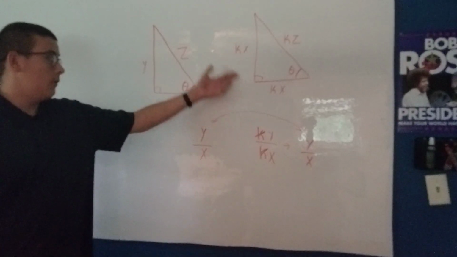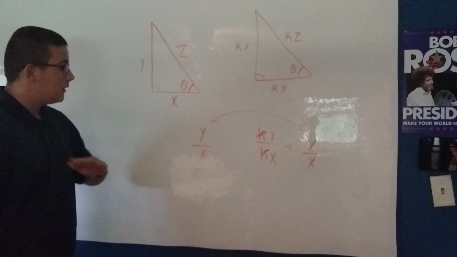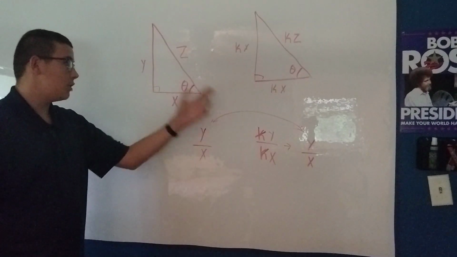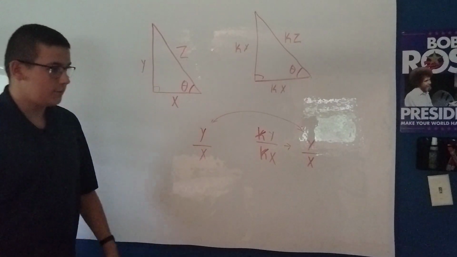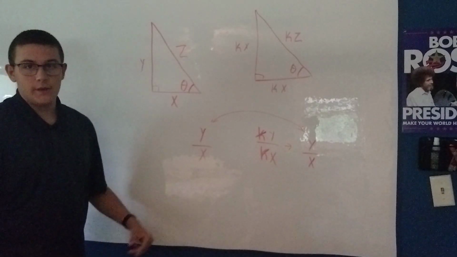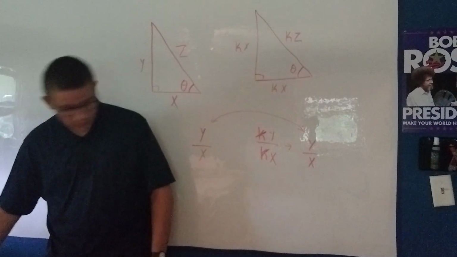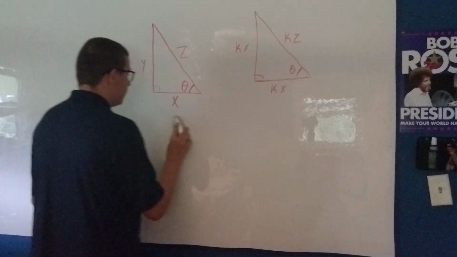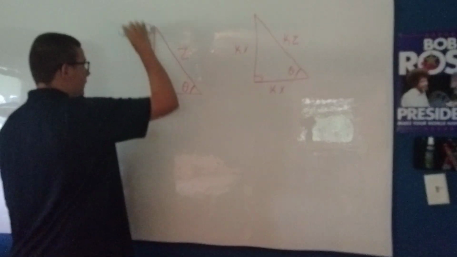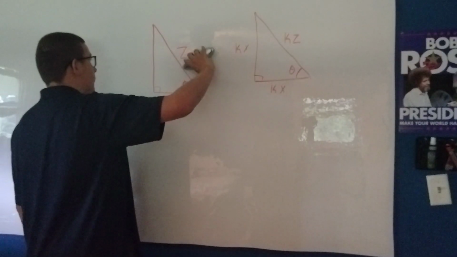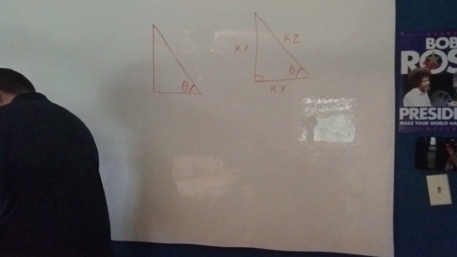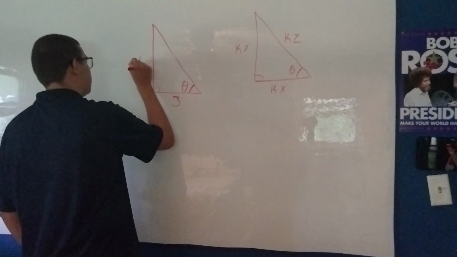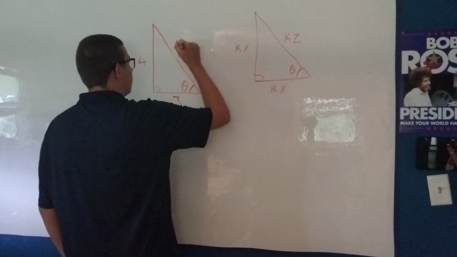So the ratio between two sides is always going to be the same, right? And to prove this, I'll give an example here. If we say that x, y, and z are the 3, 4, 5 triangle that everyone memorizes, right? 3, 4, 5.